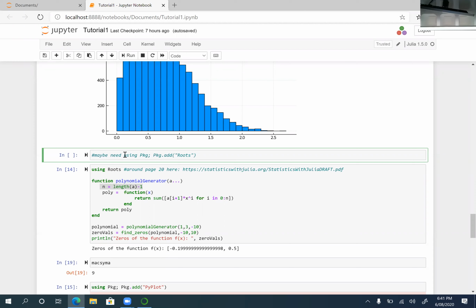polynomial. So in this case, if we have a given length of an array A, then we want to take n as the length of the array minus 1, so that we can start with 0 in our for loop. Okay, so we're returning the sum of the coefficients times x to the power of i as i goes from 0 to n.